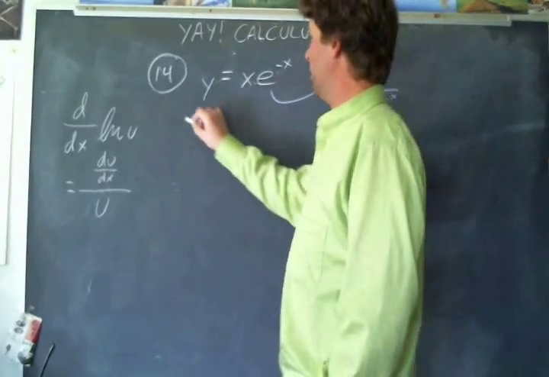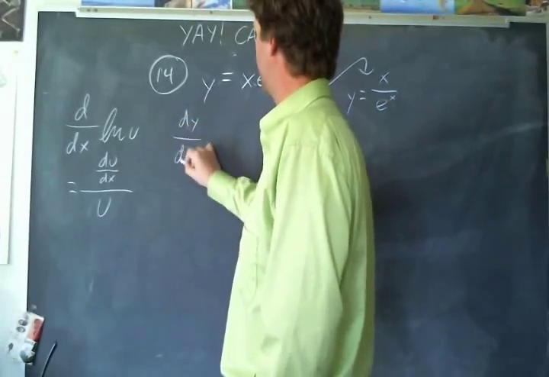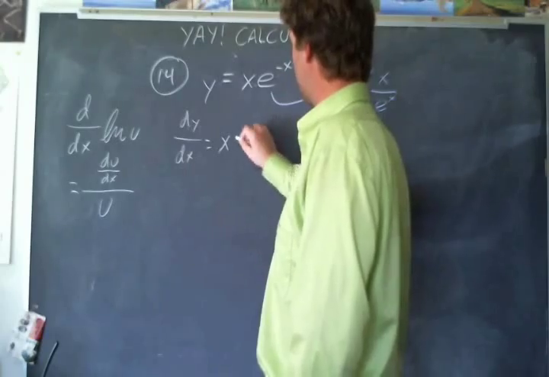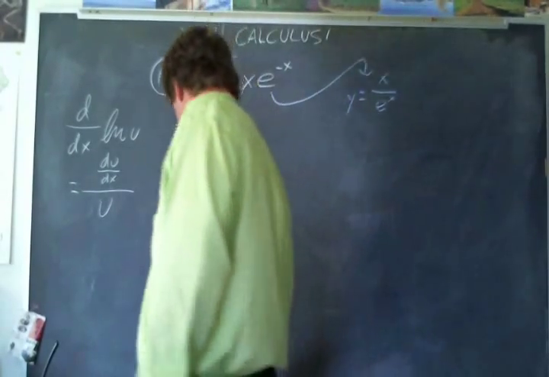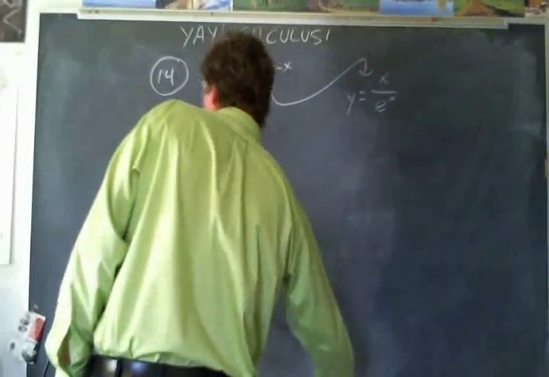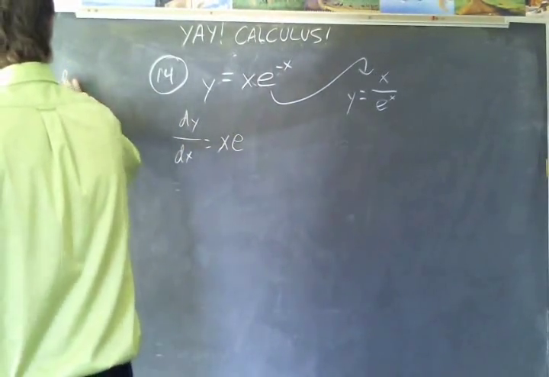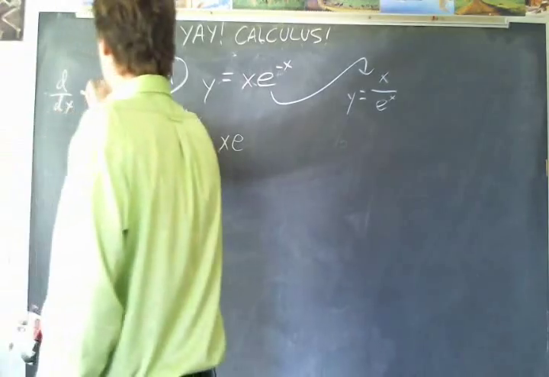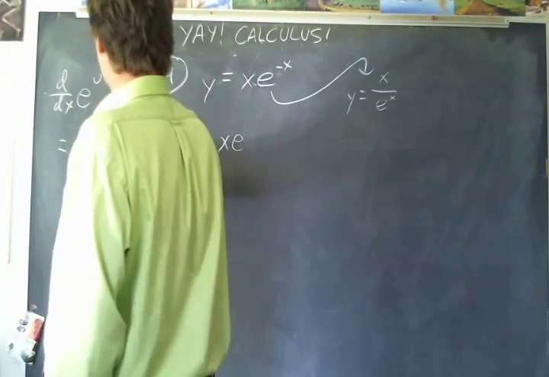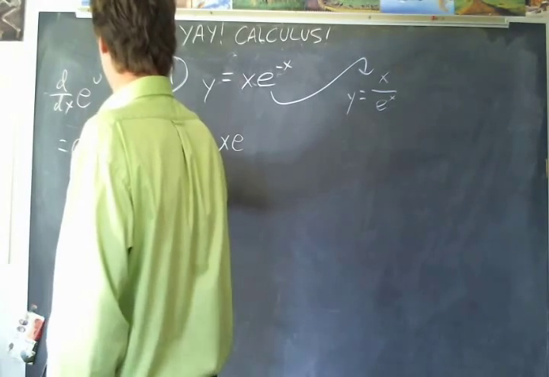So, way number 1, dy/dx. Have the first times the derivative of the second. The derivative with respect to x of e to the u is going to be e to the u du/dx.